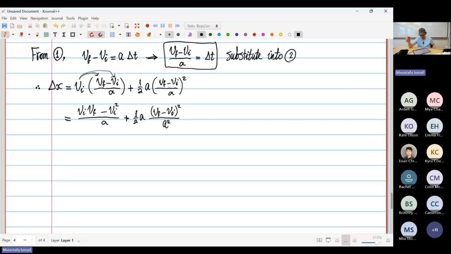So far, so good. We have an A upstairs and A squared downstairs, so one of these will die. We will just have an A left. So that becomes Vi Vf minus Vi squared divided by A plus half Vf minus Vi squared divided by A. And I can write this half as 2A in the denominator. Good.